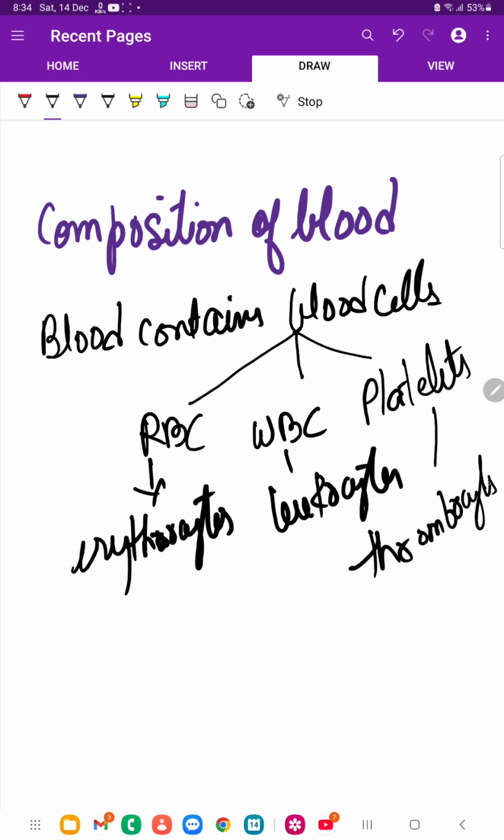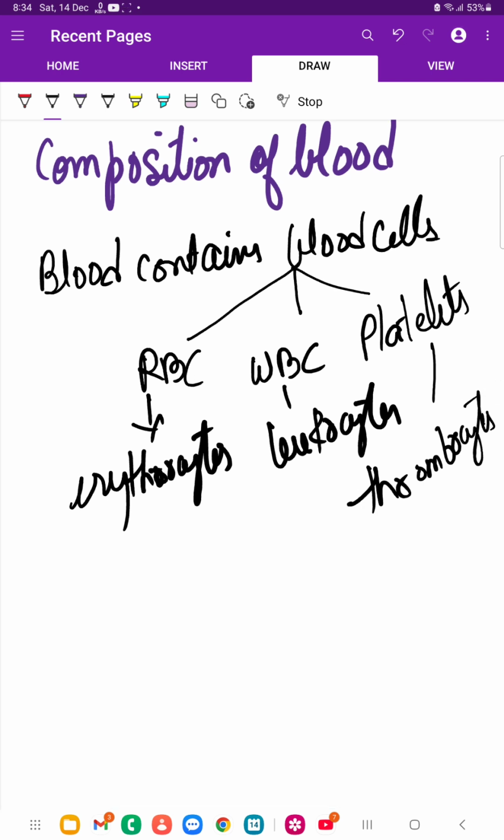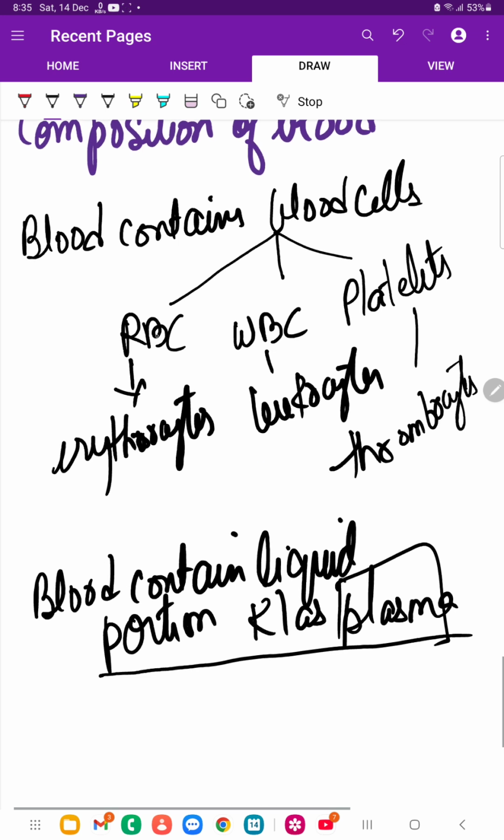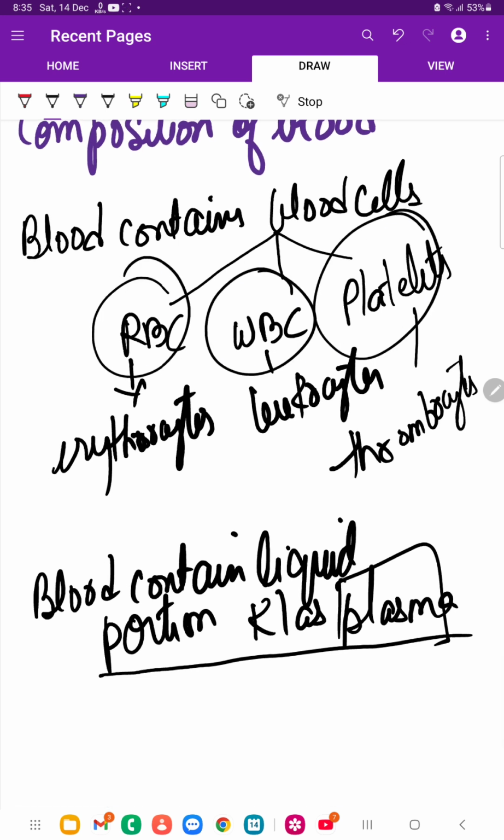These are the cells of blood, or you can say blood cells. Now, blood contains a liquid portion known as plasma. So, blood is formed of blood cells, that is RBC, WBC, platelets, and the liquid portion known as plasma.